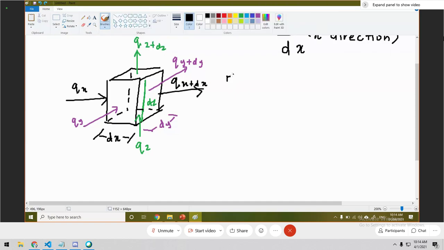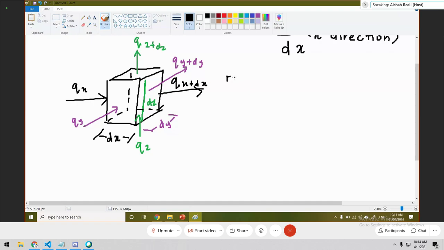For any system, all the heat that is coming in equals the heat that is coming out if there is no heat generation or heat accumulation. If it's in steady state, there will be no net heat generated or accumulated.